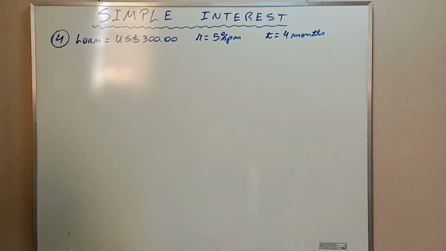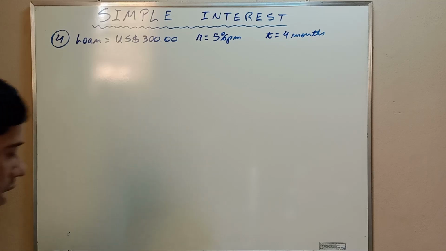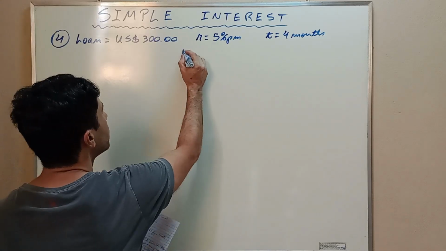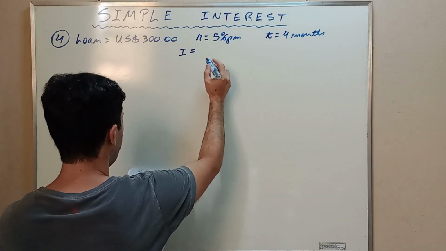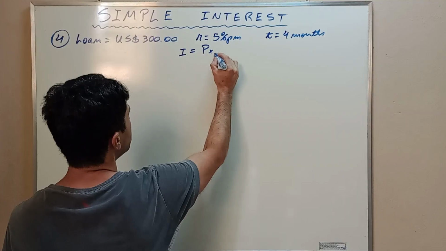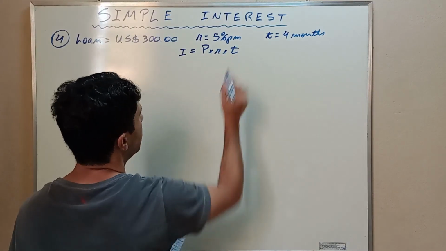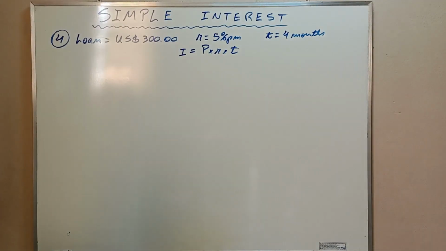All right. To find the total interest paid by Oliver, we use the simple interest formula. And we already know that the interest is equal to principal times the rate times time, in which the principal amount is $300, the monthly interest rate is 5%, and the time 4 months.